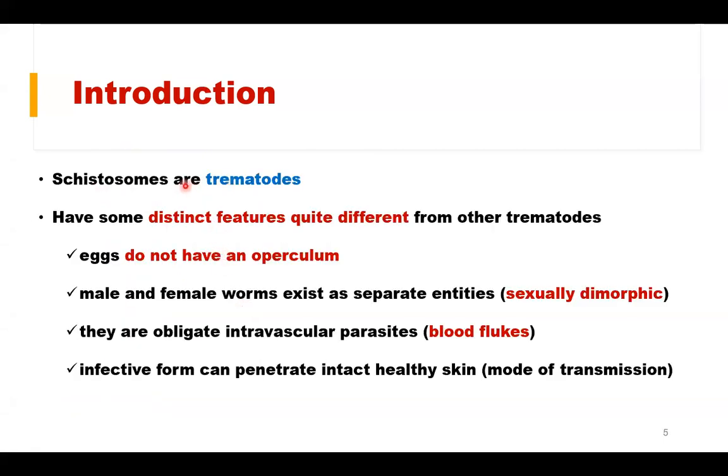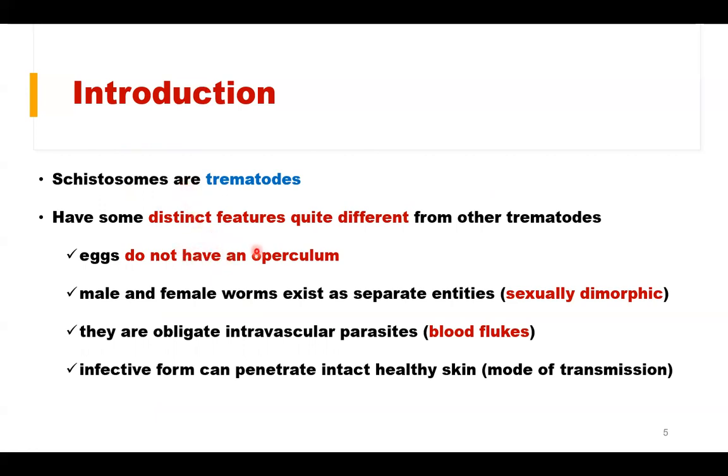From POD, you remember that flatworms can either be cestodes or trematodes. Trematodes are non-segmented flatworms, and most trematodes are hermaphrodites. There are exceptions to the rules, and schistosomes happen to be the exception.